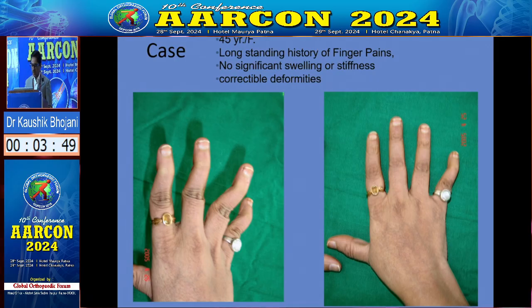So this was long-standing finger joint pains, no swelling, but the deformities had developed over time, and this patient came to us after some 10 years history. So that itself should tell you, if it is a 10-year history and the patient is still active, then there's something else going on. So this was ligamentous laxity, this was Jaccoud's arthropathy, and the patient then volunteered that there was a history of Ayurvedic intake, there was fever and rash and joint pains for a long, long time.